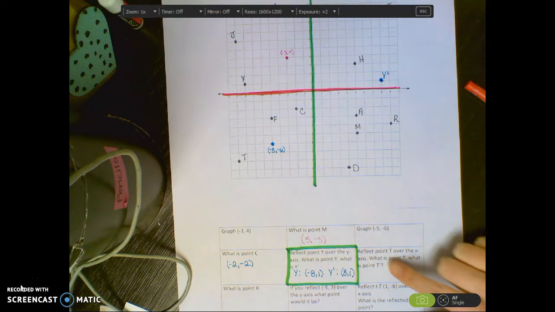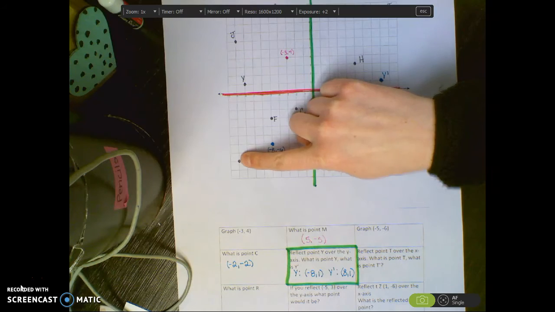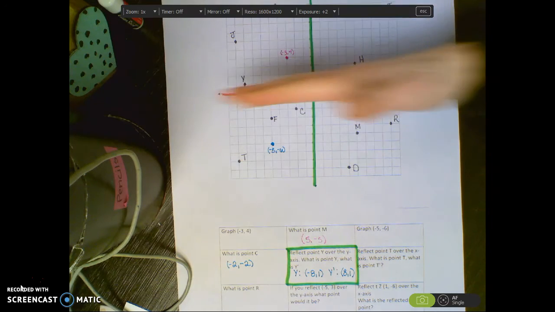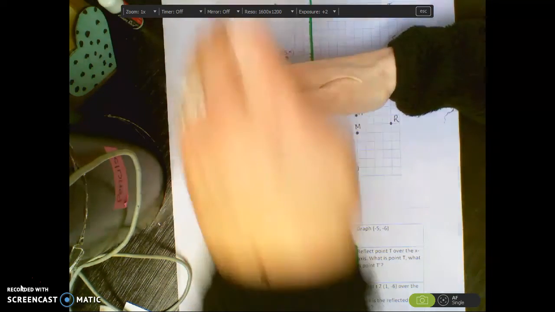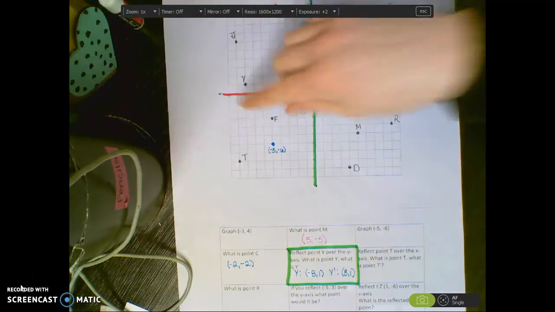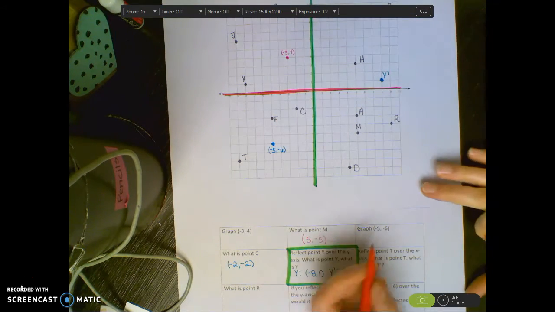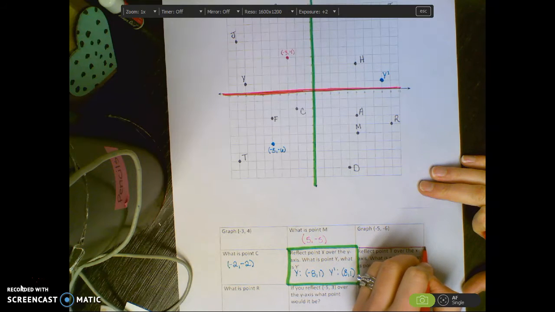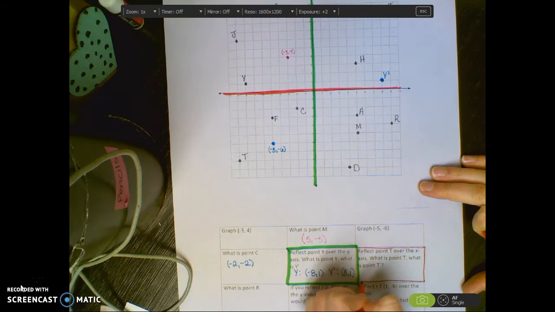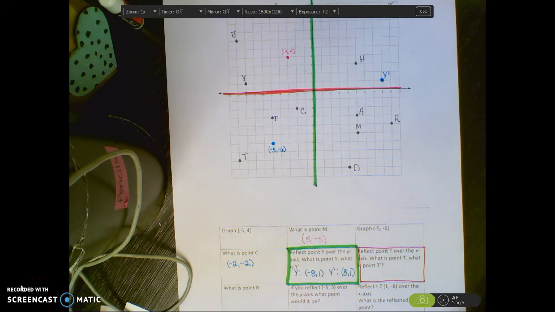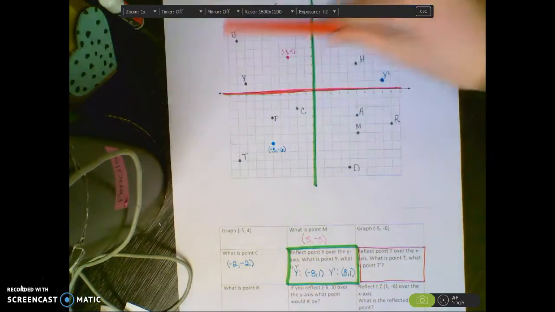The next one says reflect point T over the x-axis. So if you put your hand here, you need to reflect over that, or over the red. As I said before, you're going to kind of box this off in that second color you picked. So I know I need to reflect over that red.